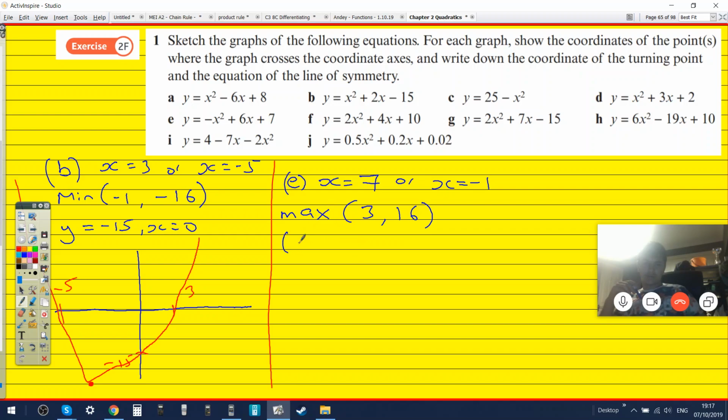And I need to draw it. Now I need to just draw it into a graph. So it goes up 7 on the y-axis, and then the maximum is 316.